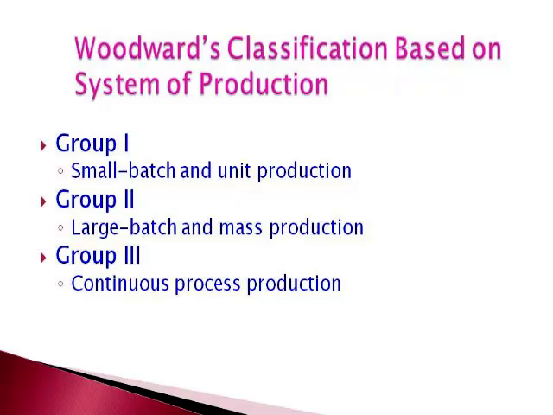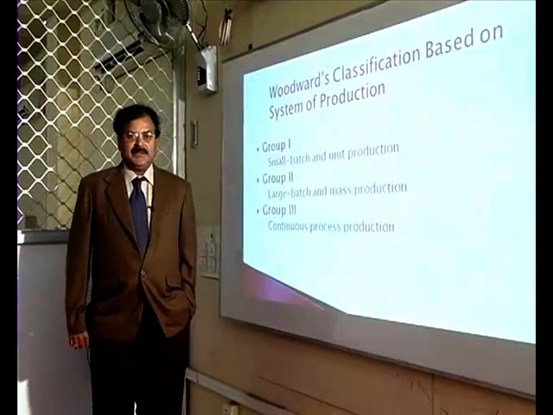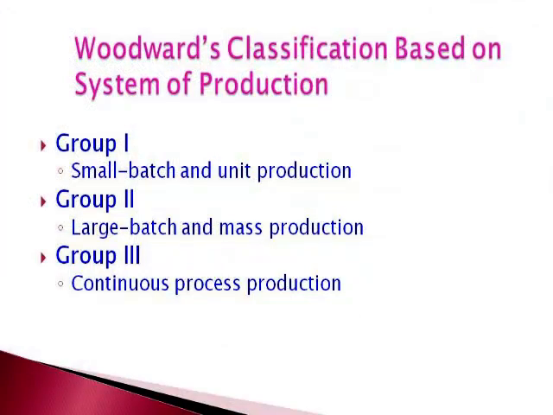See, Woodward's classification of manufacturing systems falls into three categories. Group 1 covers small batch and unit production systems. Group 2 covers all large batch and mass production systems.